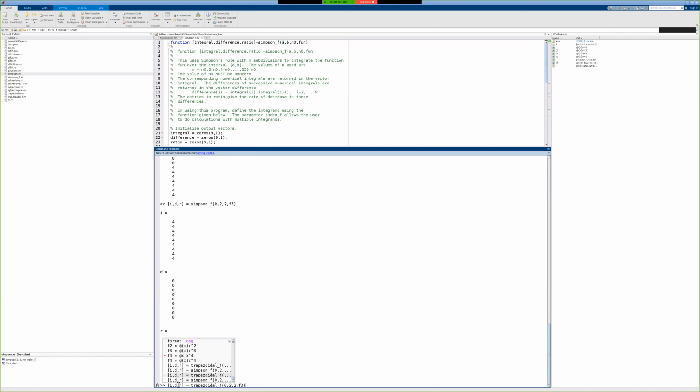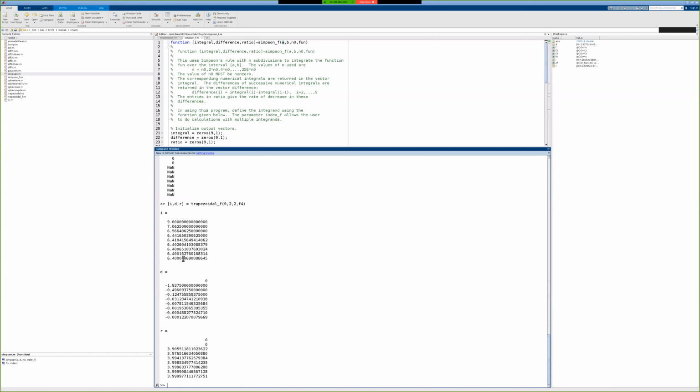Okay, now let's try it with F4. Remember the value was supposed to be 6.4. So again, the trapezoidal method works well. We do get the value of 6.4 eventually, accurate to like 5 significant digits after 9 iterations of doubling the number of intervals.